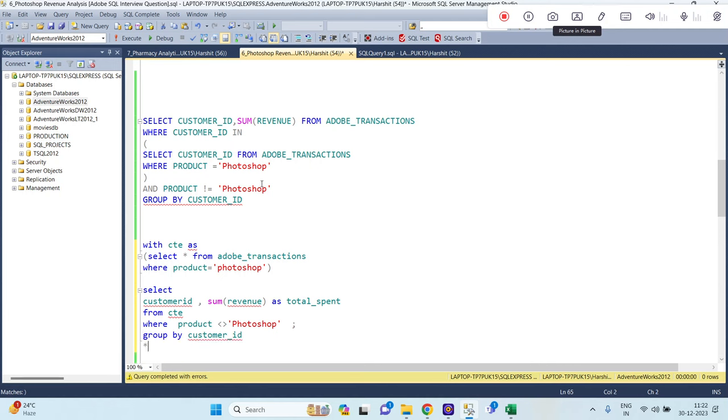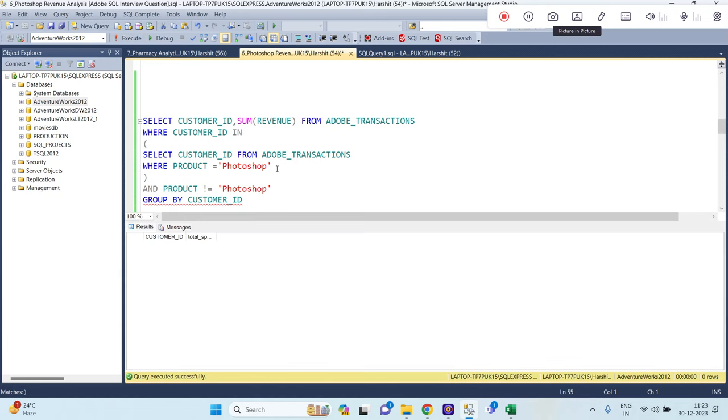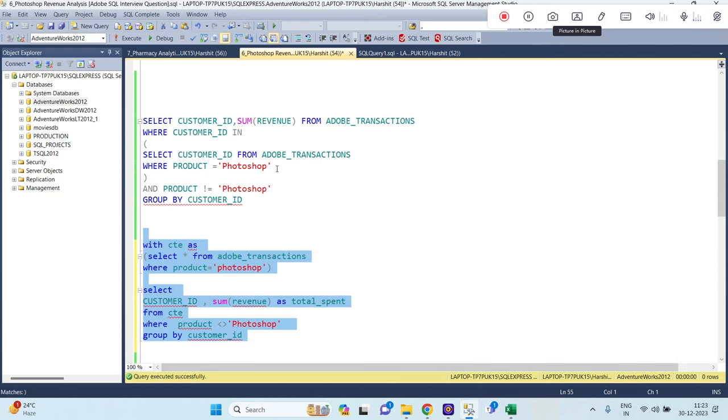Close should be above group by, right? Again, this is wrong. Invalid column name. Customer. Okay. Nothing is given.